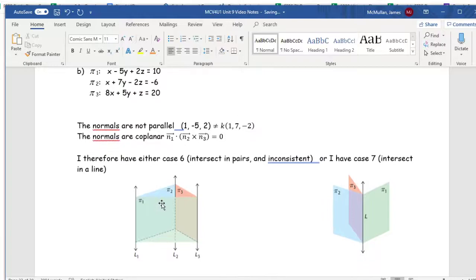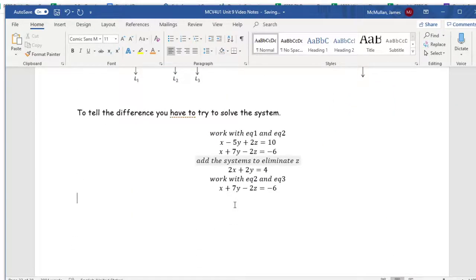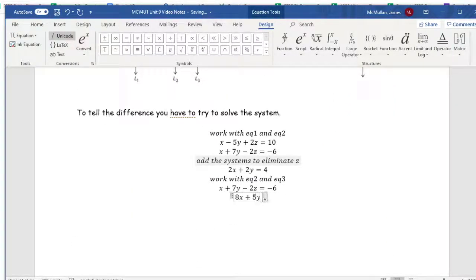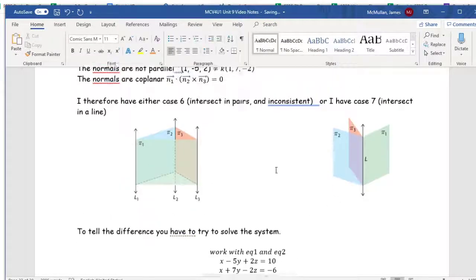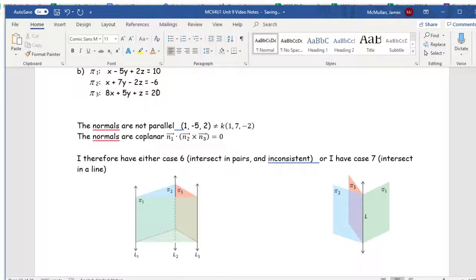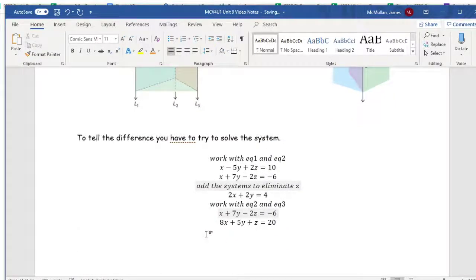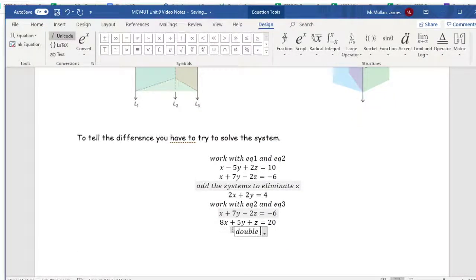Equation 3: 8x plus 5y plus z equals 20. If I eliminate z, I want to double equation 3. So I get x plus 7y minus 2z equals negative 6, and underneath that 16x plus 10y plus 2z equals 40. If I add them together, I get 17x plus 17y equals 34.